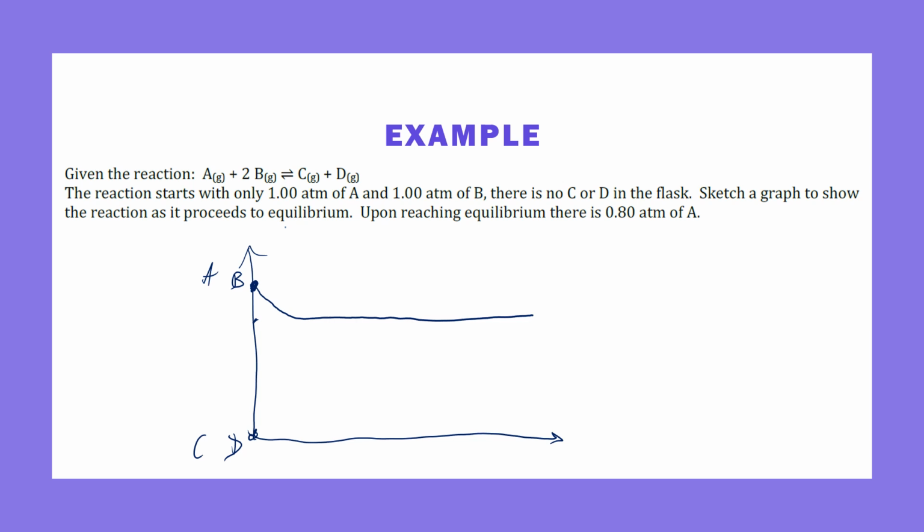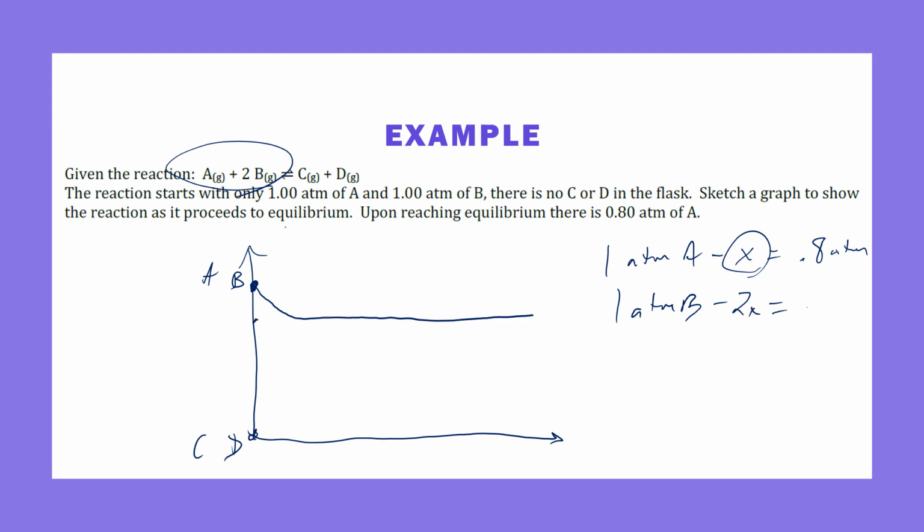But look at the coefficients here. There are twice as many B's. So B is used up twice as fast as A. So if you'll notice, we've got 1 atm of A, and then you wind up with 0.8 atm of A. It loses 0.2. 0.2 of it reacts to form C and D. Your 1 atm of B, it will be twice as much.